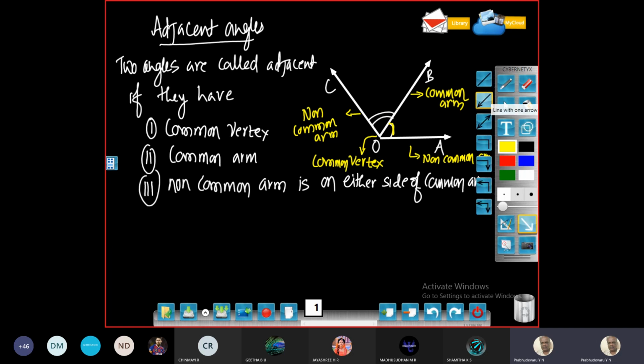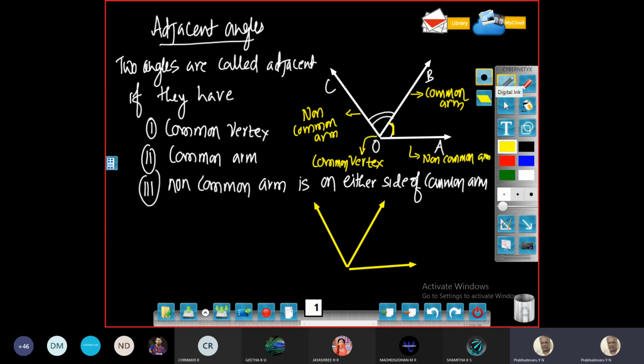So now I am going to draw two angles. You have to tell me whether these angles are adjacent or not. One is this angle, the other is this angle.